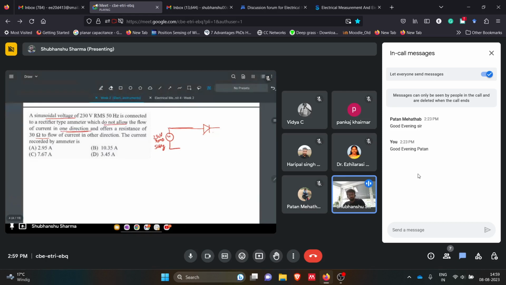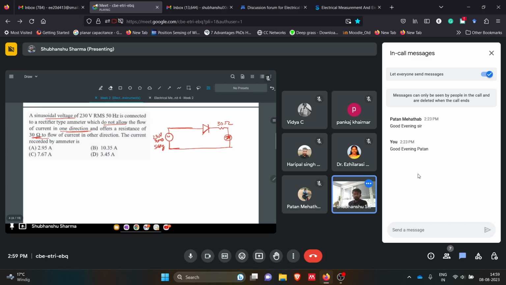By using one diode. And it has a resistance of 30 ohms, the coil resistance we can say, in the other direction, and the current is recorded by the ammeter. So we have this PMMC meter here. The circuit looks something like this.